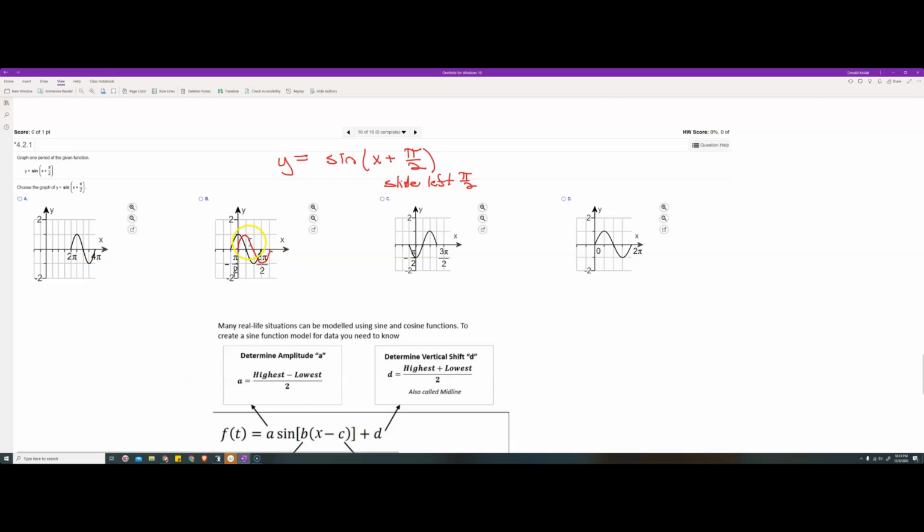That's a normal sine. And if I take that and slide it 1 square, which is pi over 2, that's my new graph. So there's a normal sine, slide it left pi over 2, and there's my answer. Right. So remember when we graphed these, that was 2 pi, this was pi, this was pi over 2. And you can see it's just the graph slid over 1. So my choice is B.